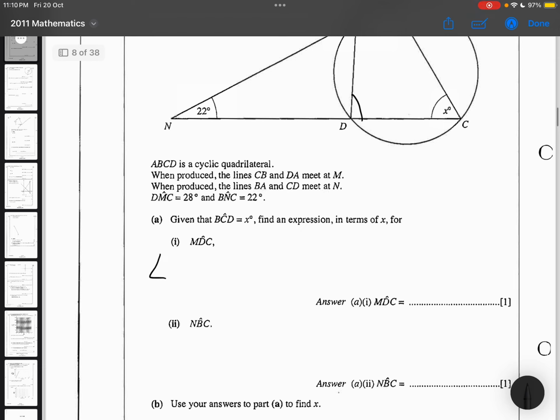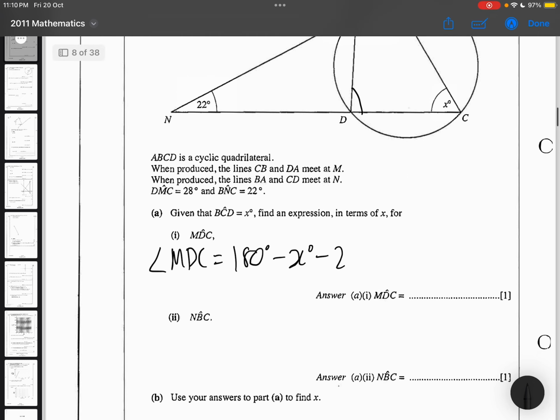Seems simple enough. Angle MDC is 180 degrees minus x minus 28 degrees, with the reason being sum of angles in a triangle. The sum of any interior angles in a triangle is always 180 degrees.